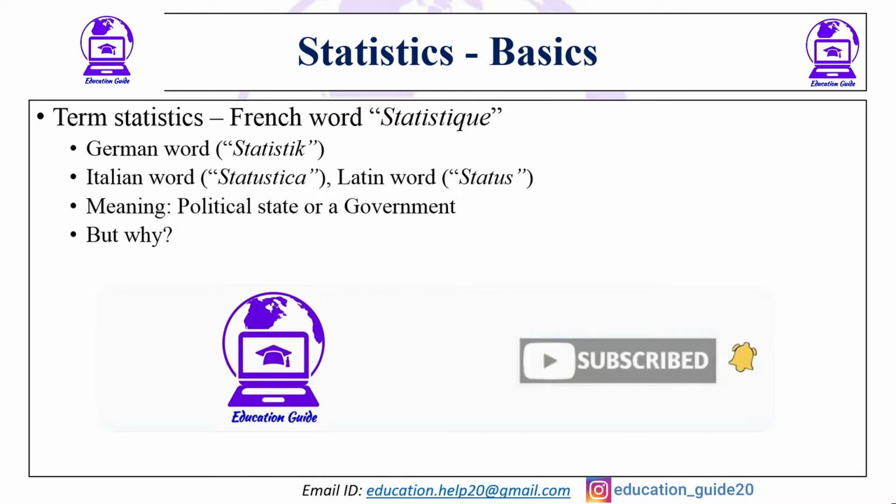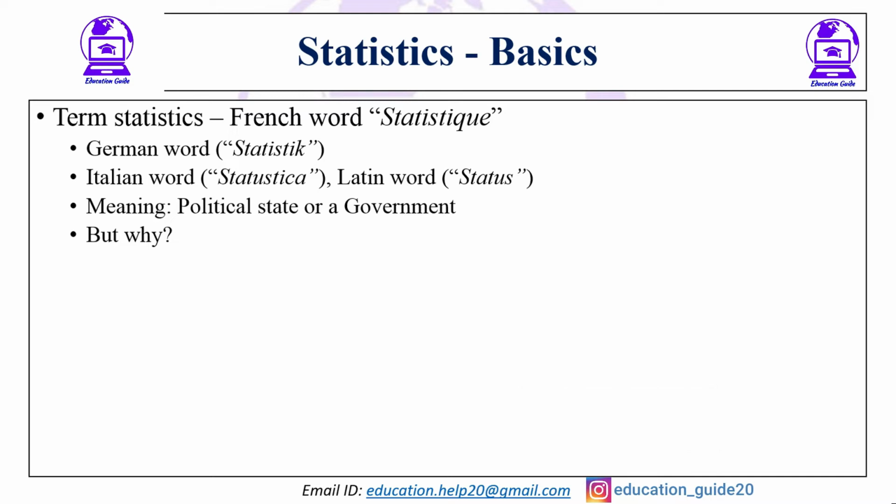But what is the relationship of any political state or a government with statistics? It's because this branch of science was initially used exclusively for generating and analyzing data for government agencies, including birth rate, death rate, mortality rate, census measures, and others.